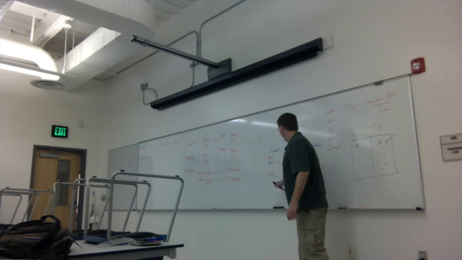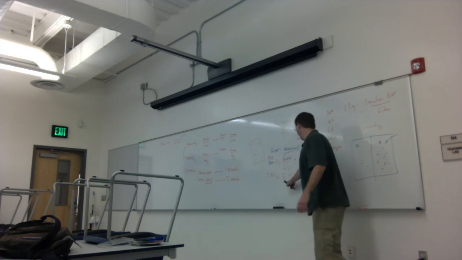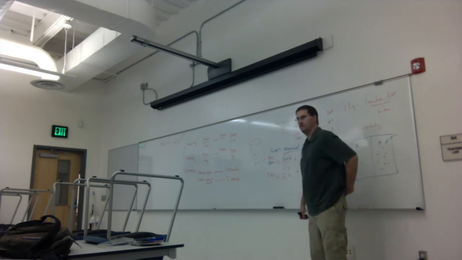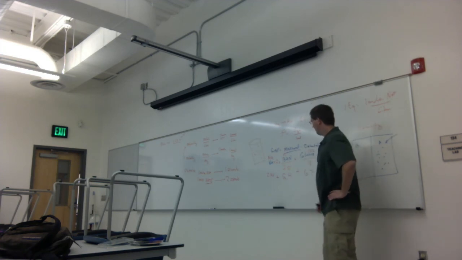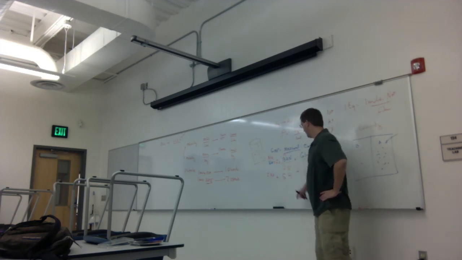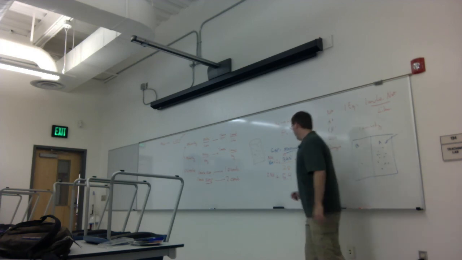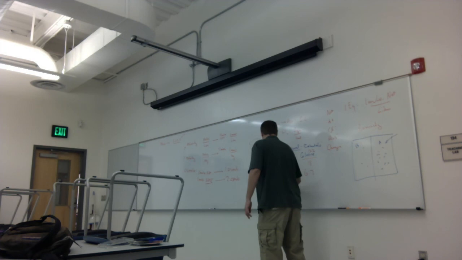All right, so add 288 to 5.4 to 6.7. Add them up. 300.13. Yeah, we'll say 300.